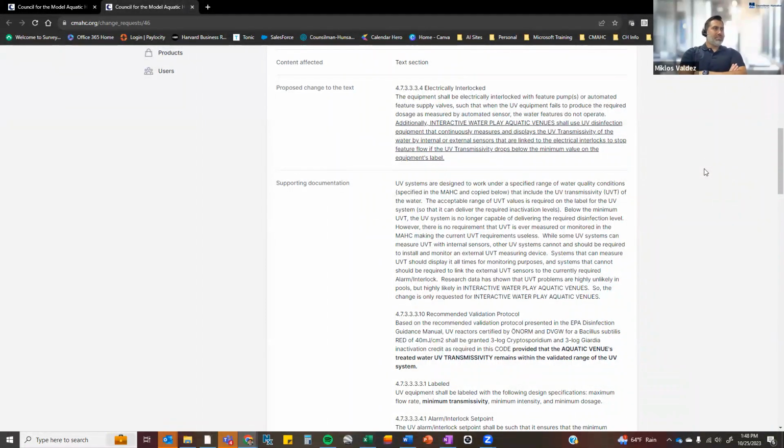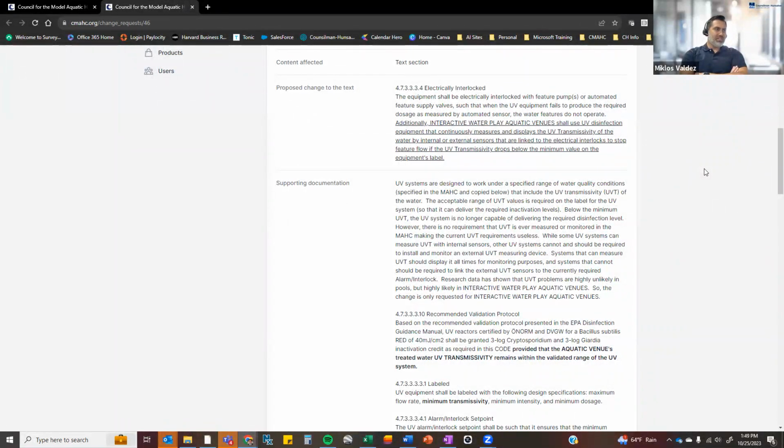So I think my first question is, I don't know off the top of my head. Okay, it's in the supporting documentation: some measure UVT with internal sensors while others do not, but should be required. If this passes, then it would be required to measure UVT.